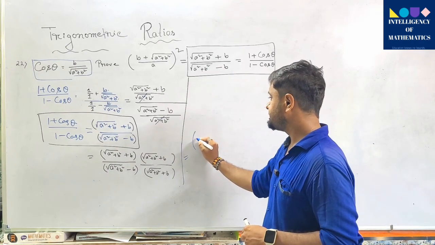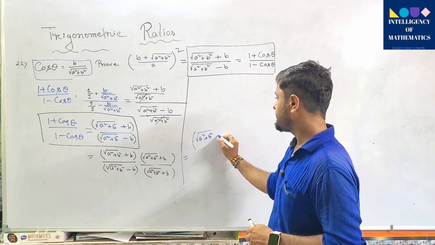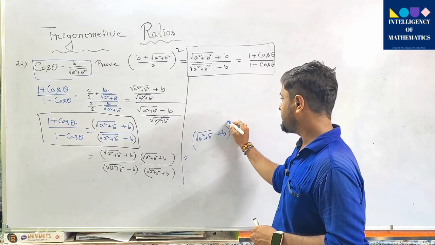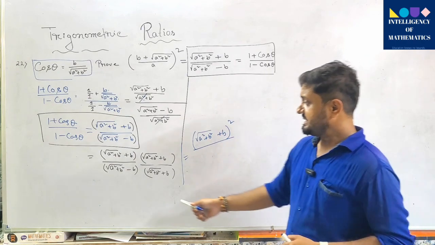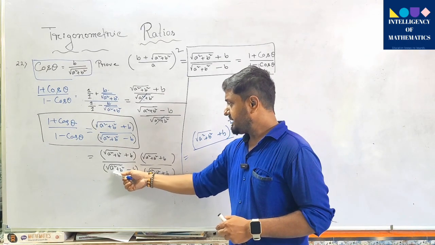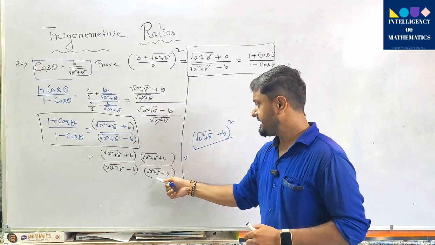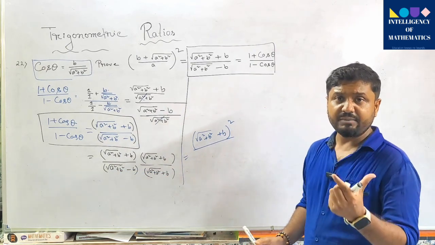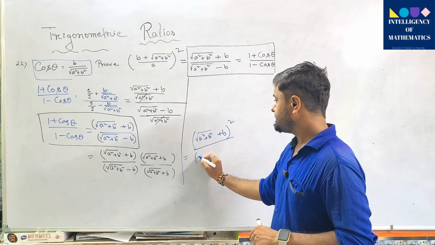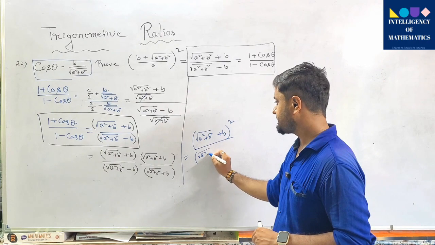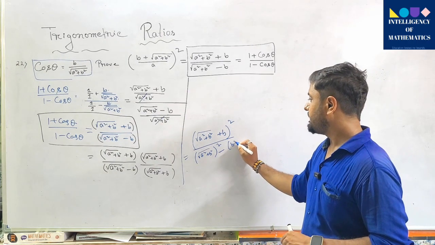We'll be getting root over a square plus b square plus b, that whole quantity squared, by this quantity; here you consider a. So a minus b and a plus b. We have the formula a square minus b square, so we will write a square minus b square.